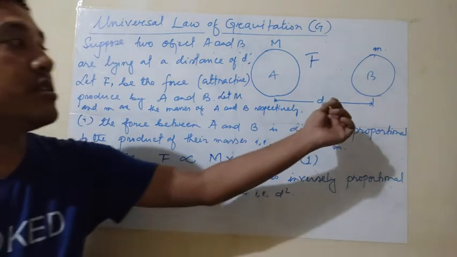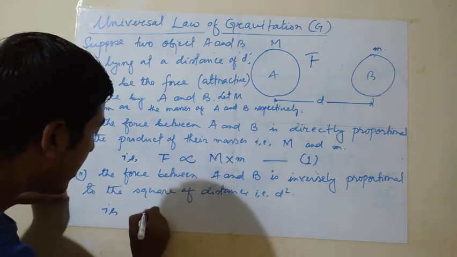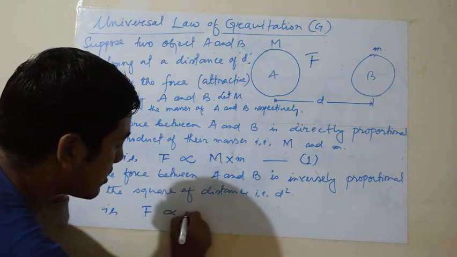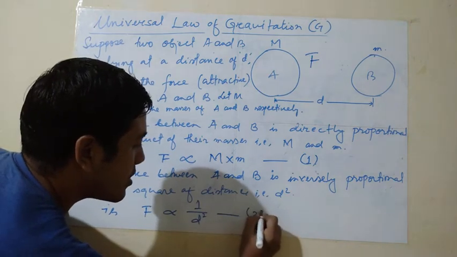The distance is d. That is, F is inversely proportional to the square of the distance. This is equation number 2.